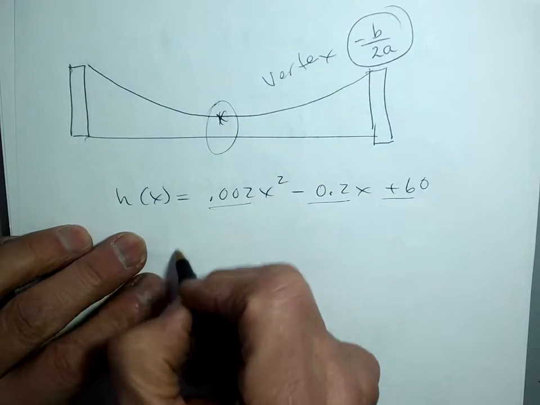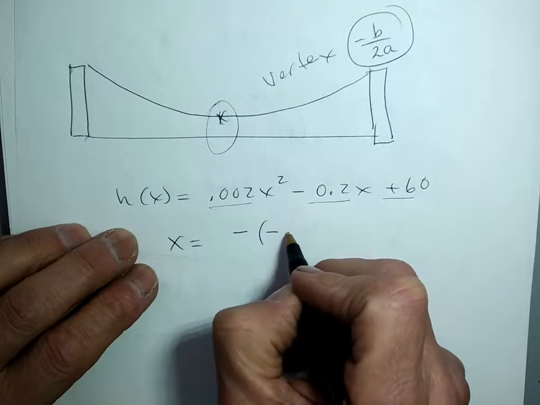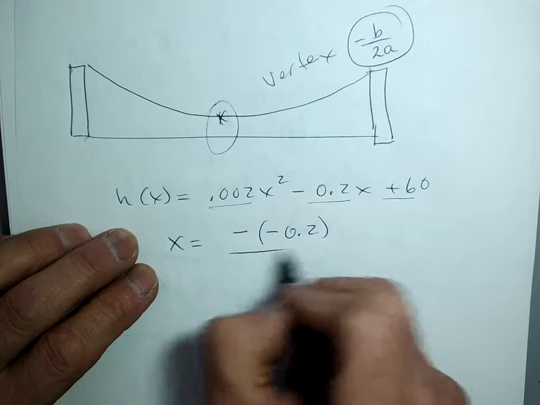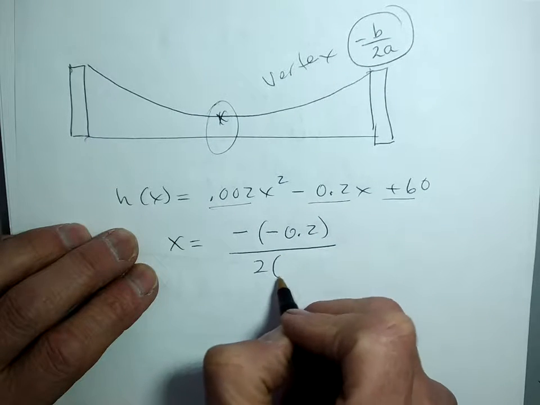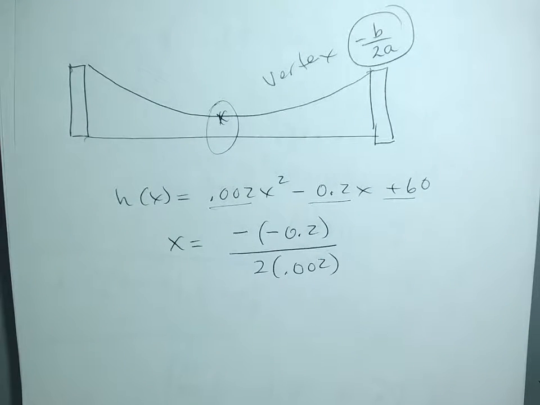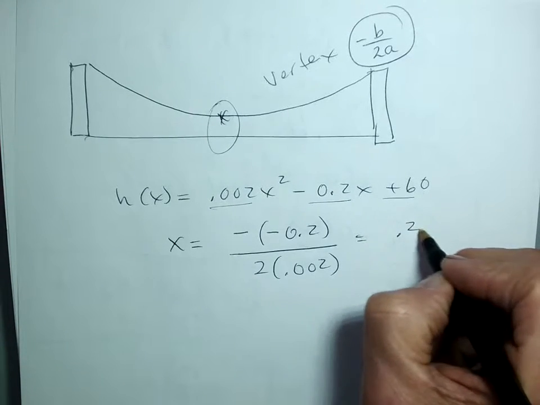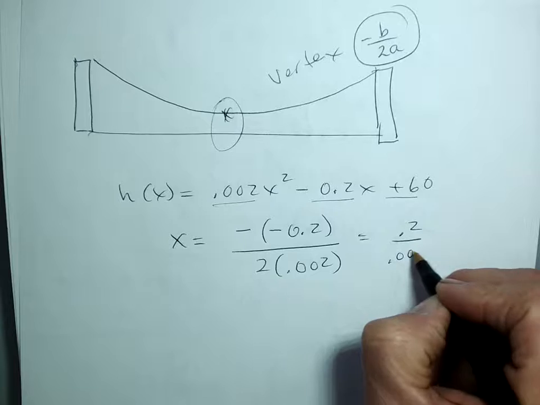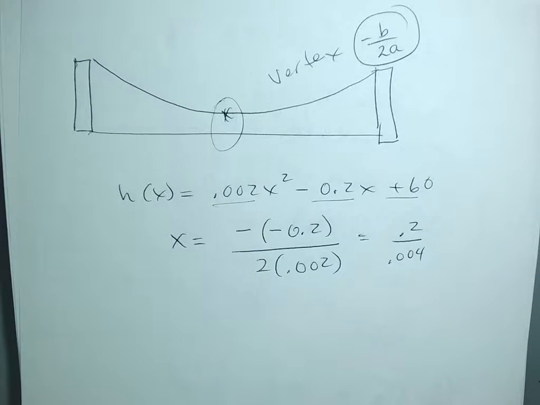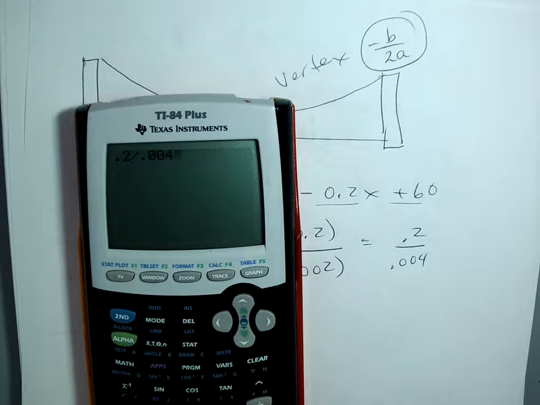So my vertex is going to be x equals negative negative 0.2 over 2 times 0.002. Negative b over 2a. So that becomes a positive 0.2 over 0.004, and I'm just going to use my calculator. I put 0.2 divided by 0.004, and I get an answer of 50.